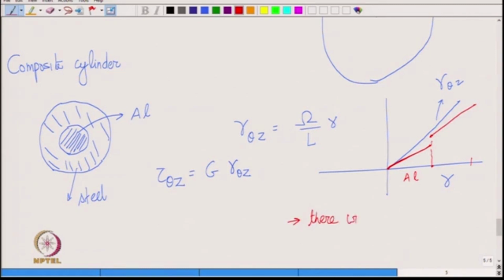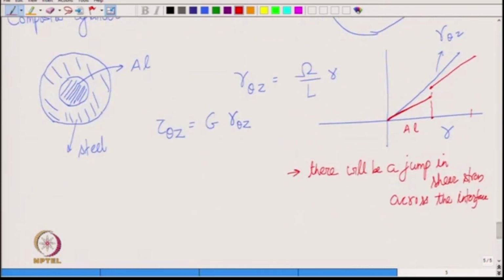There will be a jump in shear stress across the interface. But there is no jump in shear strain, and the reason is simply because steel and aluminum both are acting as a single body, because it is rigidly attached.